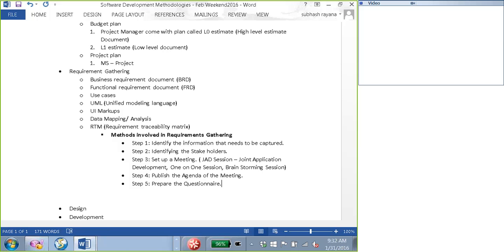Normally what happens in the typical SDLC, if I were the BA, I would always invite the technical people, the developers, because if there is a requirement which is not feasible, they will stop you right away. So you are not going to waste time identifying the requirement, documenting it, and going back, and the technology team is saying no, and again you are going. So you basically avoid the back and forth and waste of time.